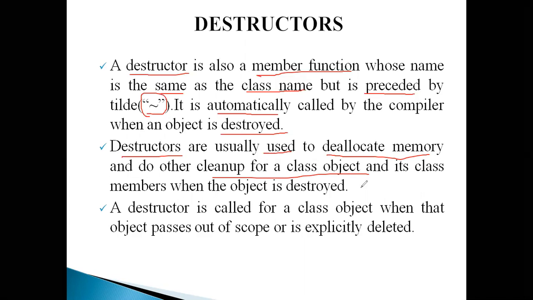When we clean up, the memory reserved for the class members is automatically deleted. The destructor is called for a class object when that object passes out of scope or is explicitly deleted. Whenever the program goes out of scope, the destructor is automatically called.